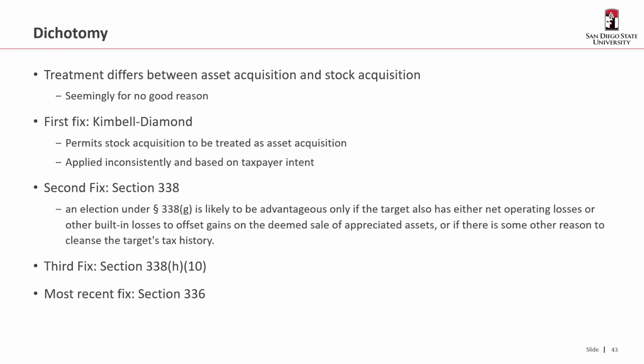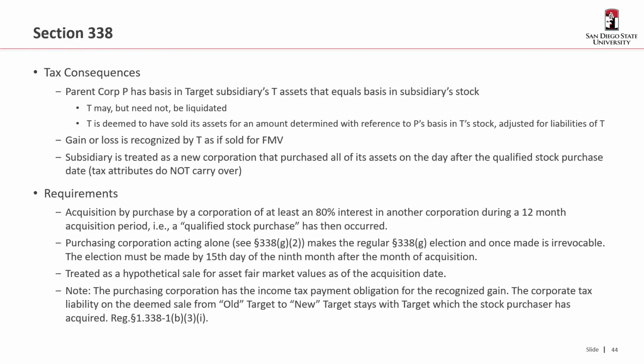And so what we have to do is walk through how the code is trying to correct this difference in the acquisition of stock from the acquisition of the assets, when for policy reasons there should be no difference. Okay, so the tax consequences. Parent Corp P has basis in target subsidiary T's assets that equals the basis in the subsidiary stock.